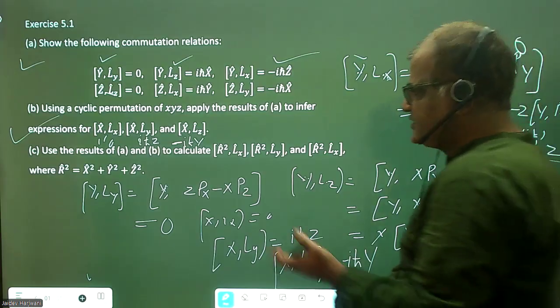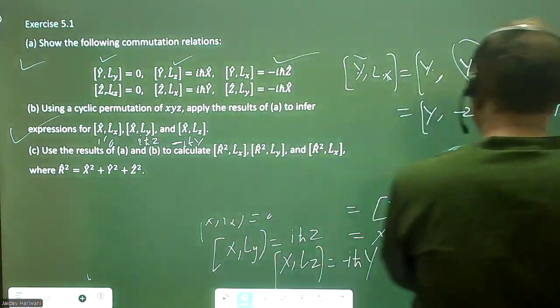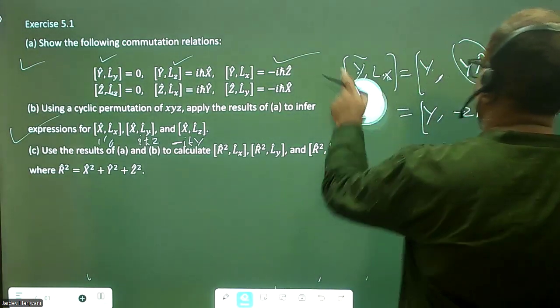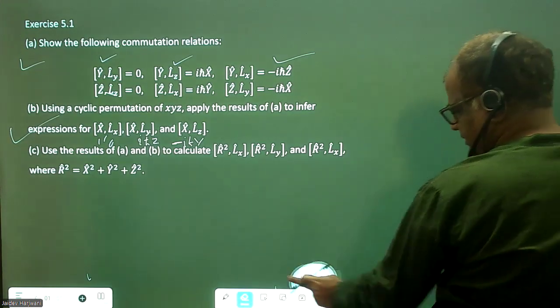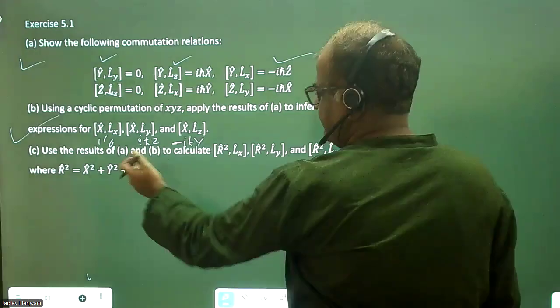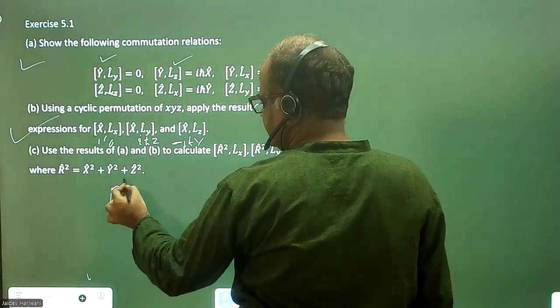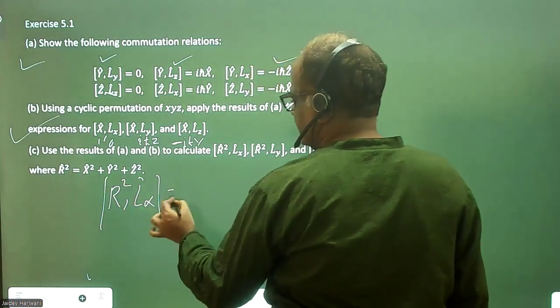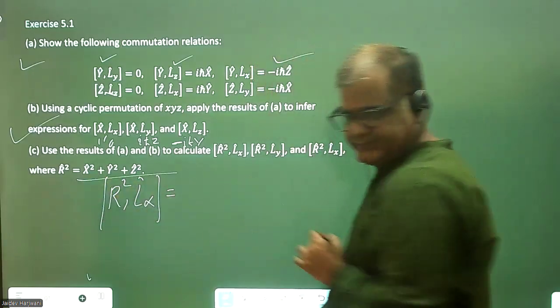Now the third option is r square. You have to check whether r square commutes with the angular momentum operators. So let us first check r square, Lx. r square is x square plus y square plus z square.